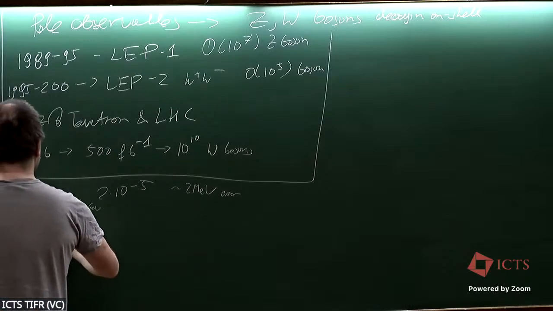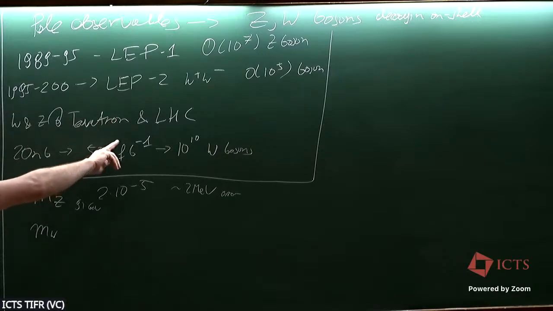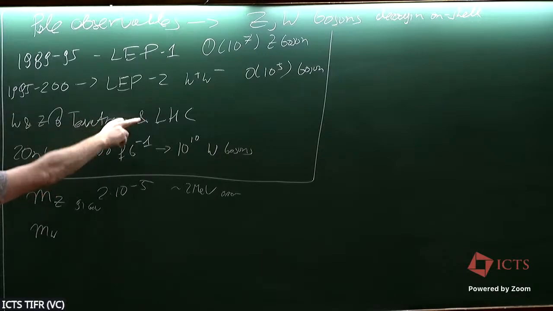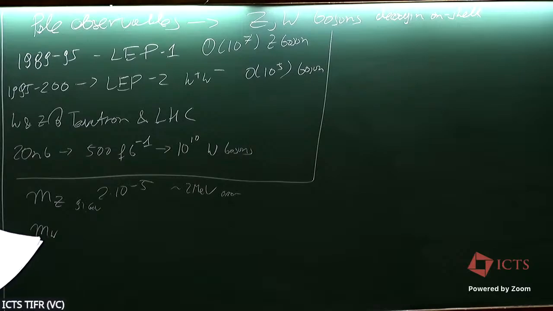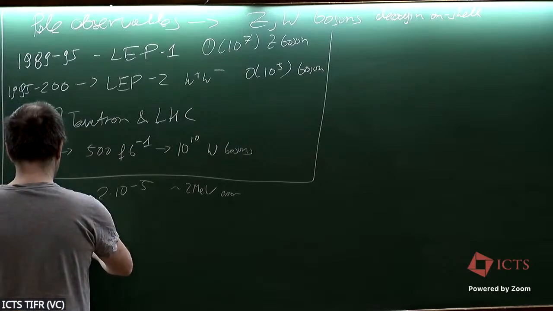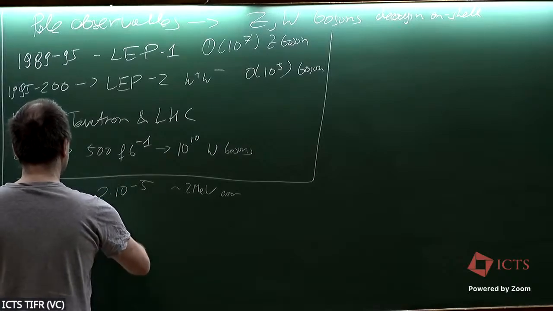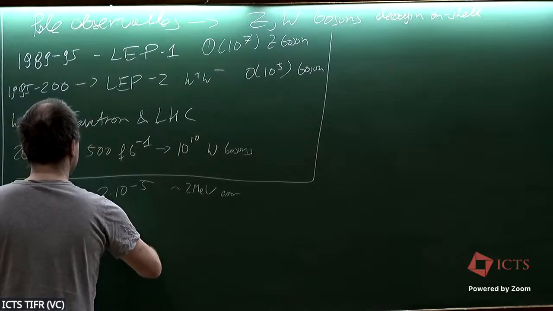For the W boson mass, that's one point where the Tevatron and the LHC surpassed the precision of LEP, and here you have more or less 1.5 times 10 to the minus 4 precision.